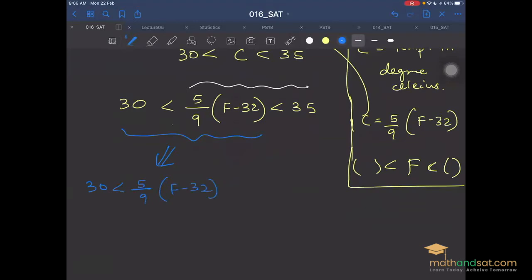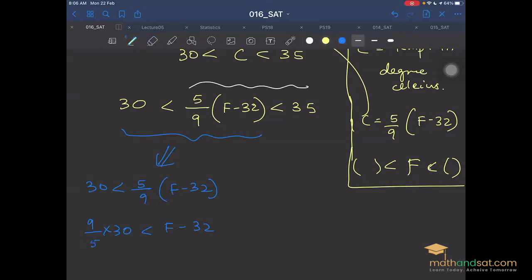Now to remove the 5/9 term, when the 5/9 on the RHS goes to the LHS, it appears as 9/5, right? So 9/5 times 30 is less than F minus 32. Of course, this is 5.